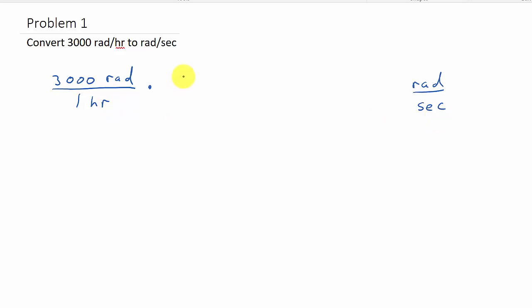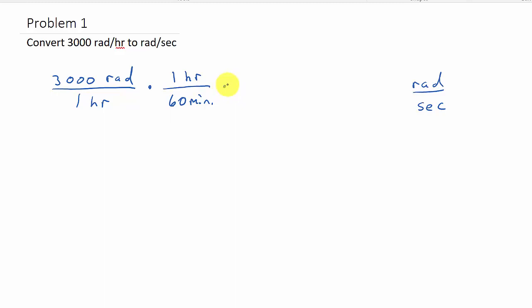So I need hours up here to cancel here. And I know in 1 hour, because I'm going to cancel out this 1 hour, there is 60 minutes. But I'm still not at seconds.